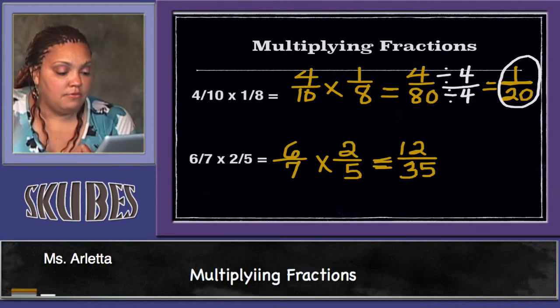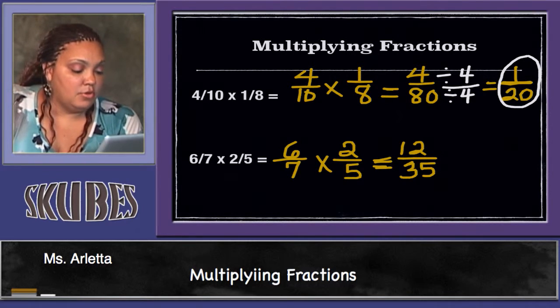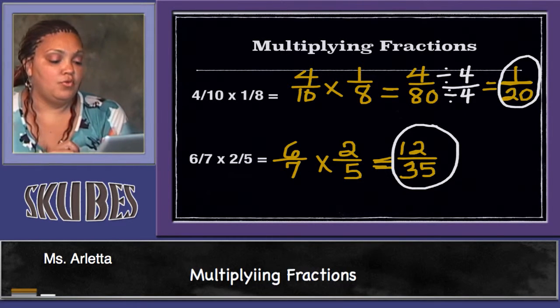The factors of 12: you have 2 and 6 is 12. 6 won't go into that. You have 3 and 4, and there are no other factors, none of those factors will go into 35. So that lets you know that is a final answer of 12 over 35.